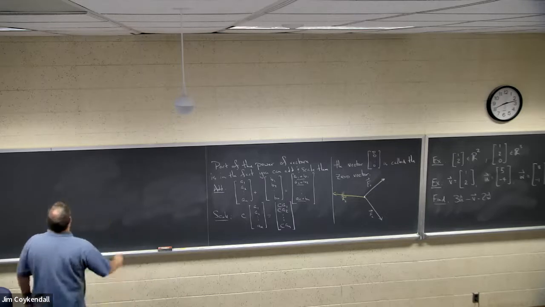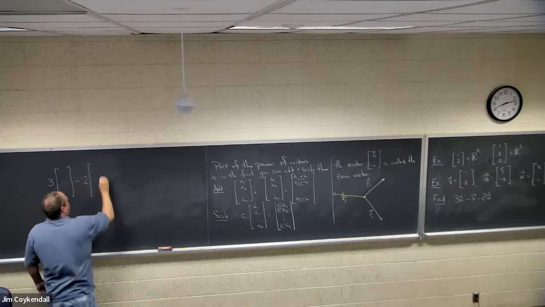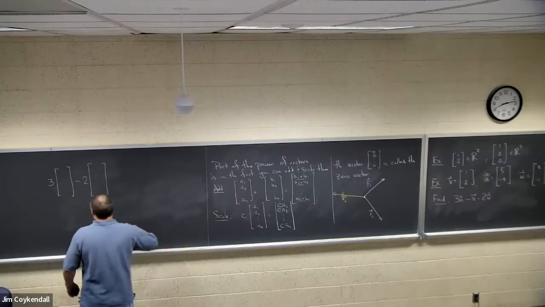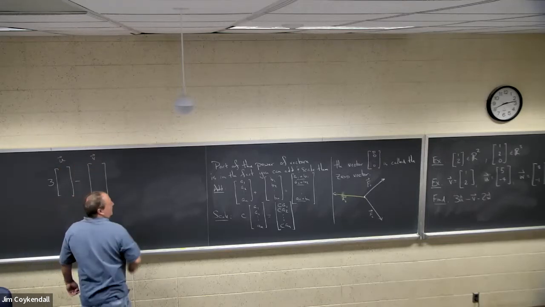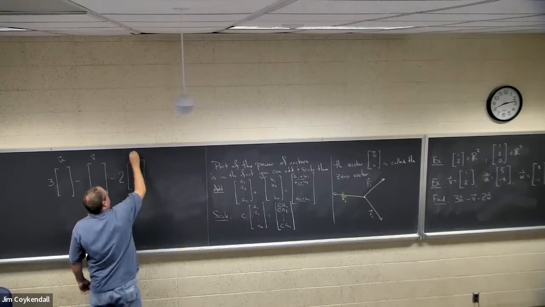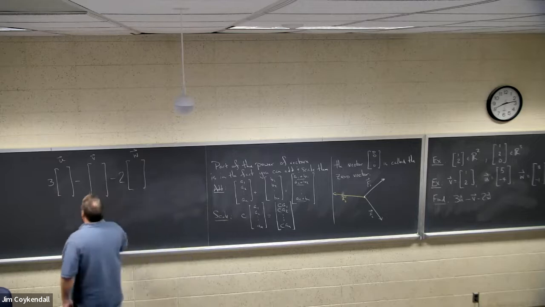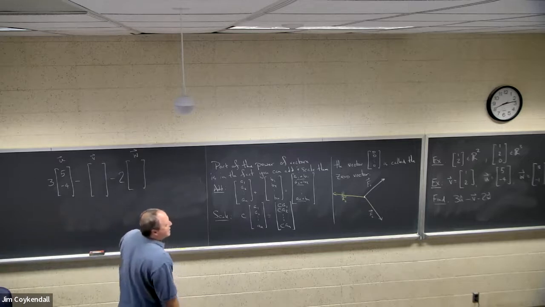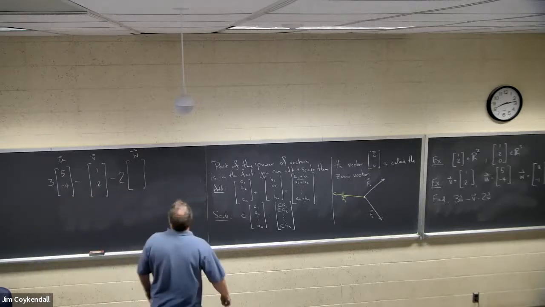Well, let me just write it out explicitly. 3 times U, minus B. So this is going to be my U, this is going to be my B, and what did we say, minus 2W? Okay, what was U? U was 5, minus 4. B is 1, 2. And W is 3, minus 1.